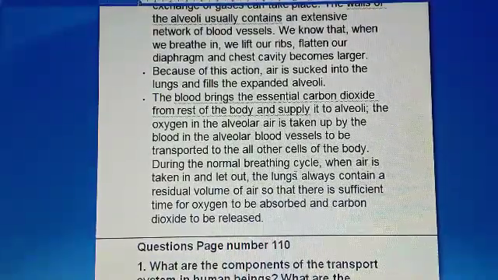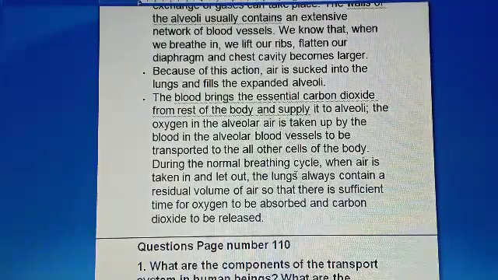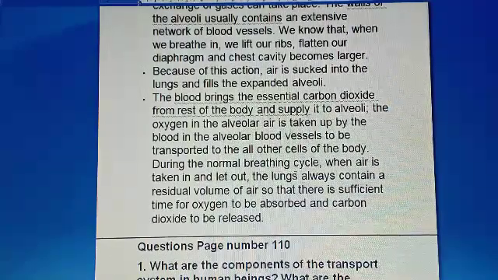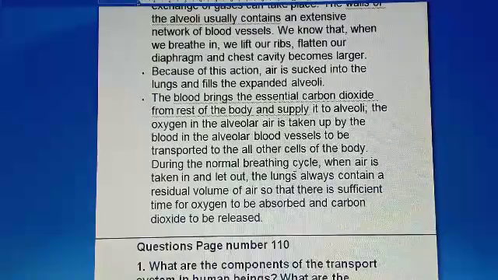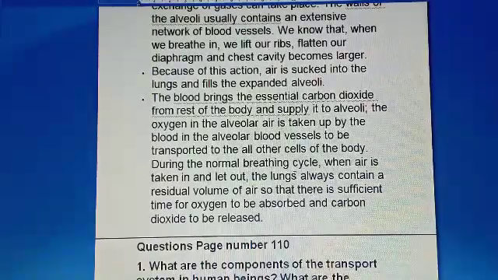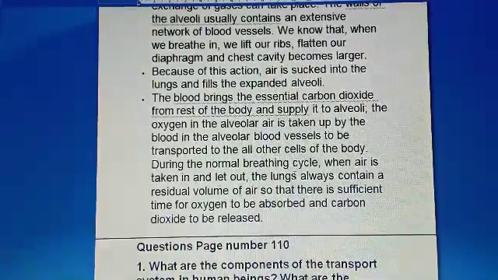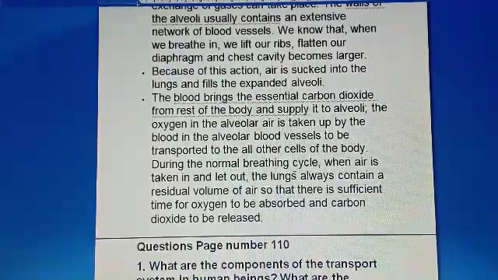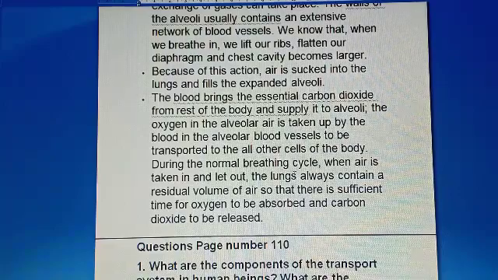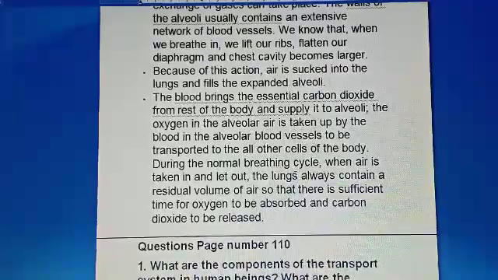During the normal breathing cycle, when air is taken in and let out, the lungs always contain a residual volume of air, so that there is sufficient time for the oxygen to be absorbed and carbon dioxide to be released. This process is done in a rhythmic way, inhale and exhale. That's why these processes can easily get the oxygen and remove the carbon dioxide.